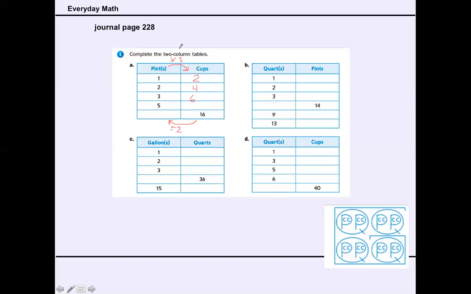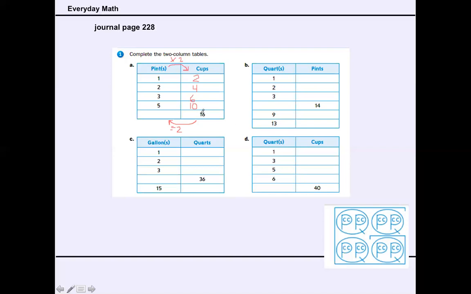So if I use this trick, I know 5 times 2 is 10. So there are 10 cups in 5 pints. 1, 2, 3, 4, 5 P's, and I count the C's inside: 1, 2, 3, 4, 5, 6, 7, 8, 9, 10. So I know I'm correct. There are 10 cups in 5 pints, or 10 C's in 5 P's.